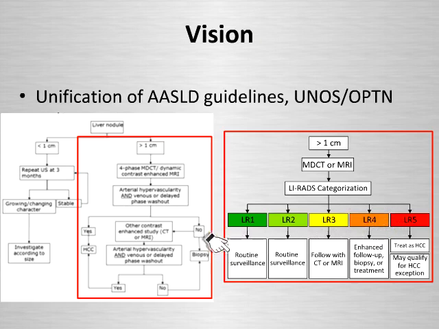So the idea would be that we would create management guidelines by combining the efforts of radiology societies and clinical surgical societies. The clinicians and the surgeons can decide what is the optimal management, but incorporated into that management are criteria that are developed and validated by radiologists.